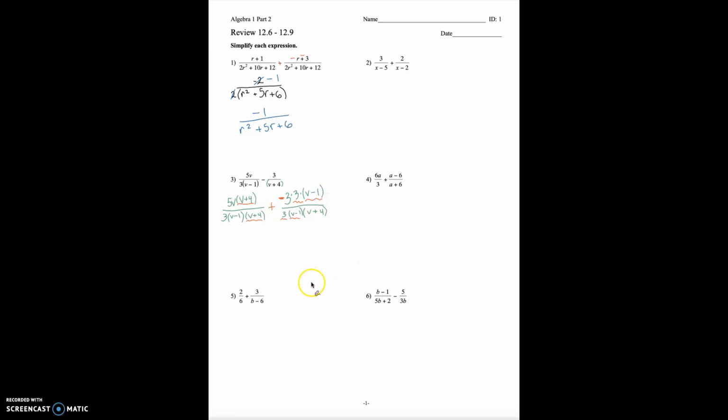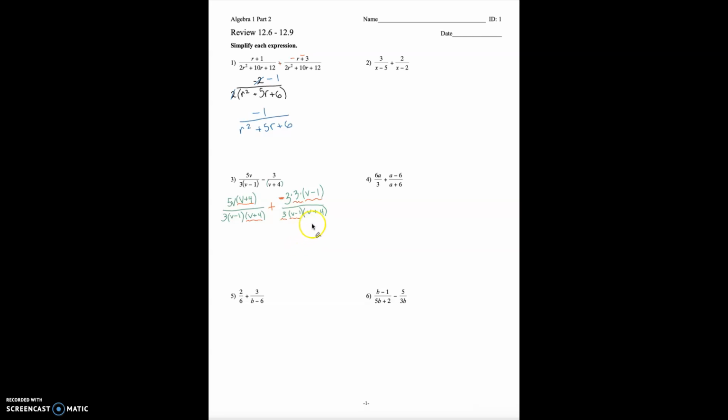I see a lot of kids doing this over and over again. They then simplify the fraction. We don't want to do that because if we simplify the second fraction, we're not going to have a common denominator anymore. So you want to make sure that you don't get tempted and say, hey, I can simplify here, because then there goes our common denominator that we just did all this work for.